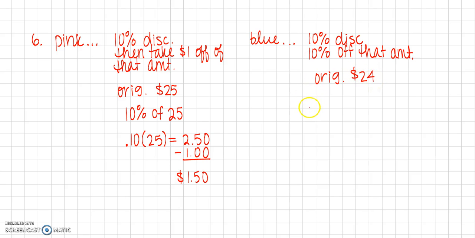So we're going to do the same thing. 10% of that $24, we're going to do 0.10 times 24, which is $2.40. And then we're going to do 10% off of that $2.40 because it says take 10% off that amount. So 0.10 times 2.40 is 0.24.